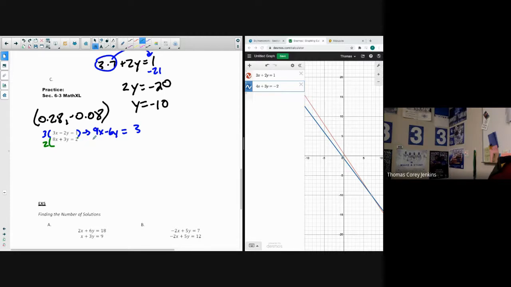Which gives us 16x plus 6y equals 2 times 2 is 4.